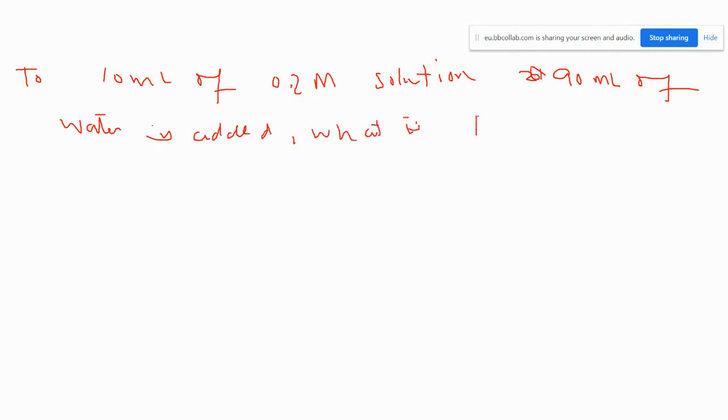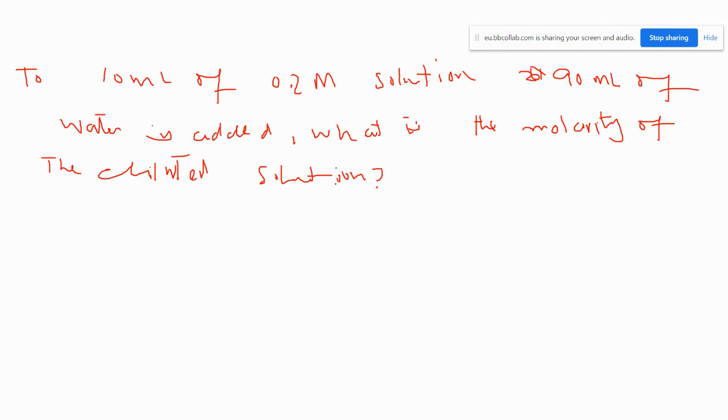What is the concentration of the new solution? What is the molarity of the diluted solution? Okay, it's really bad writing, but I don't care about the writing.